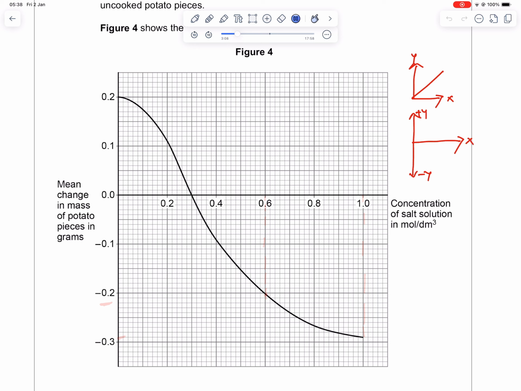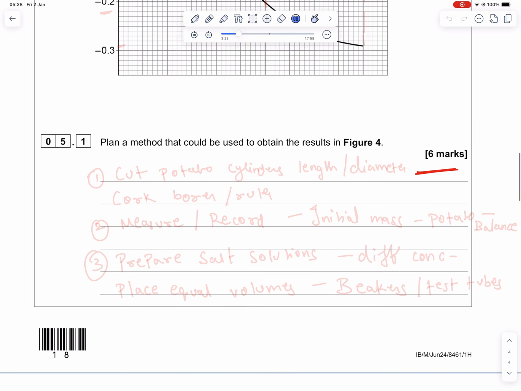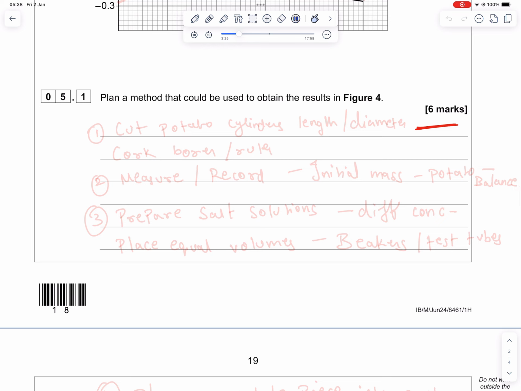Now, in this experiment, you're taking salt solutions of varying concentration, and you're taking potato pieces, keeping them for some time in each salt solution of a certain concentration, and then measuring the mass before and after.